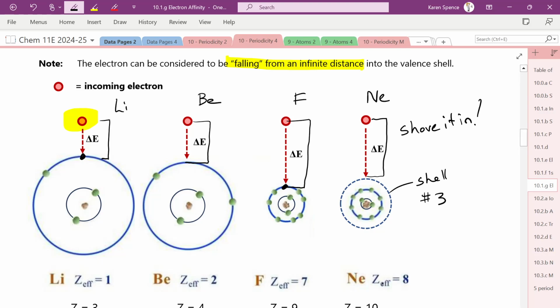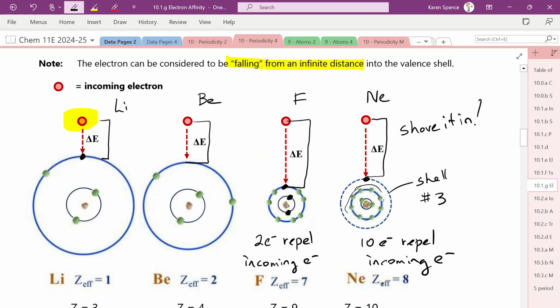This electron is only being repelled by 2 electrons, whereas this one here is being repelled by 10 electrons. Yeah? So that would explain the big difference there. That's why we have to shove the one in with neon.